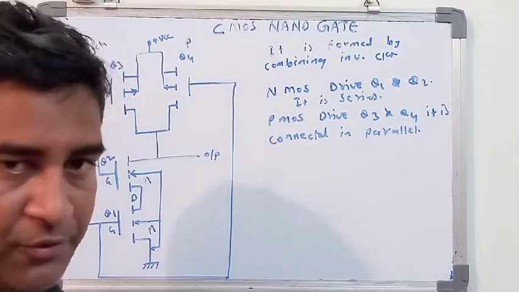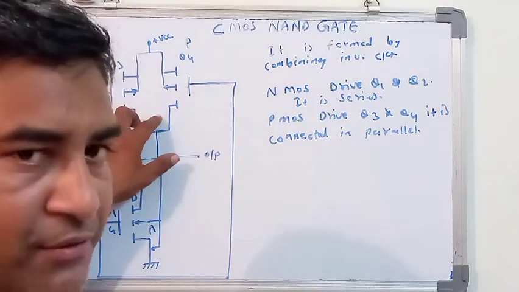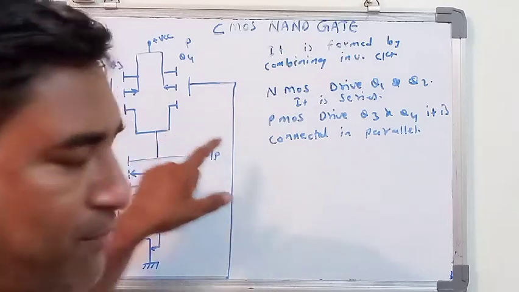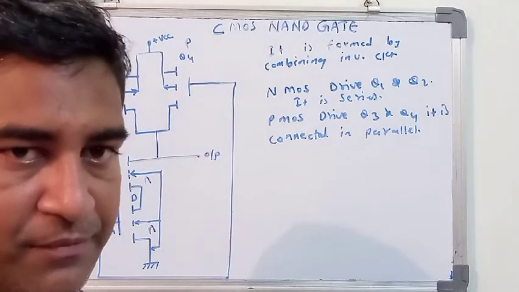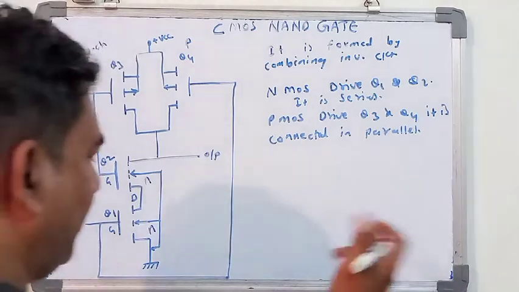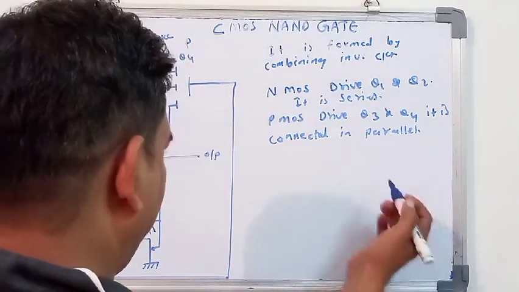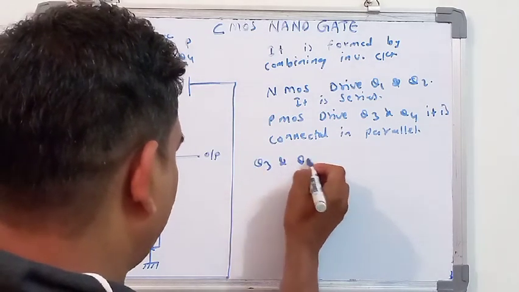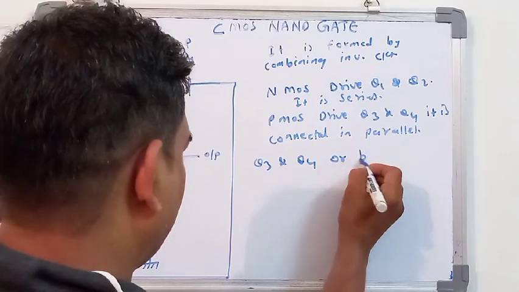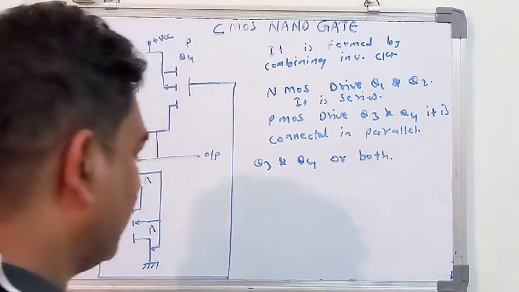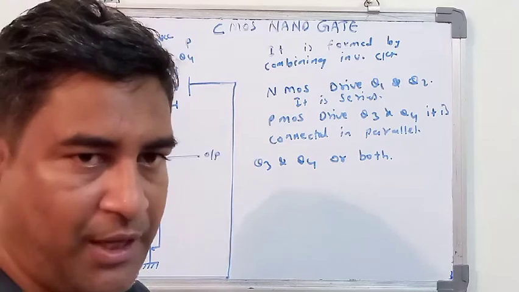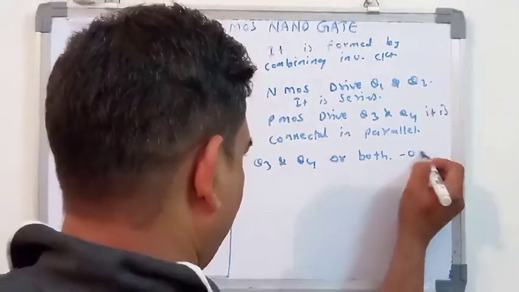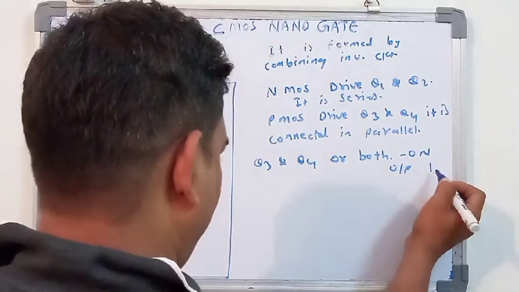Now, for understanding the operation of this CMOS NAND gate, it is explained by using a truth table. So we will directly draw the table. Before that, when Q3 and Q4 or both are on, the output is 1.